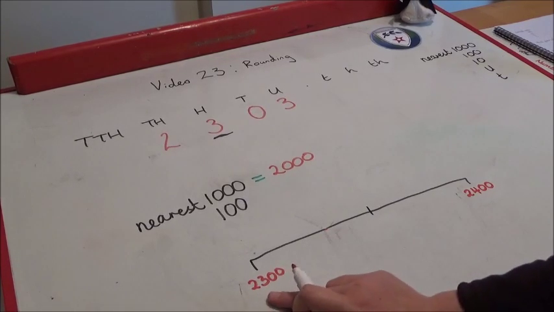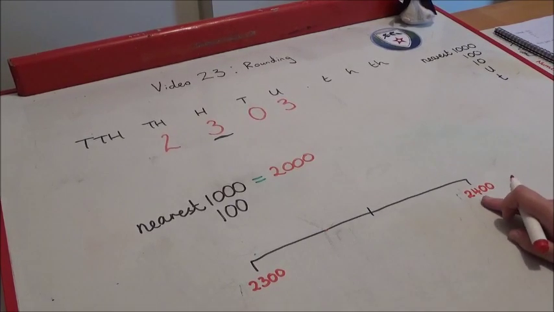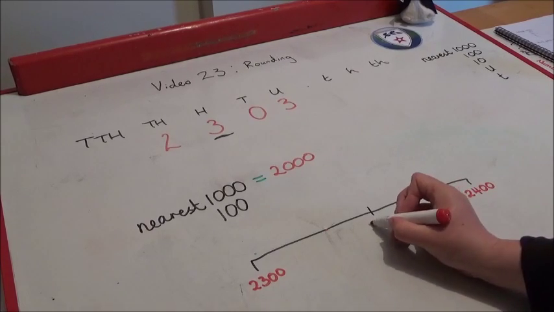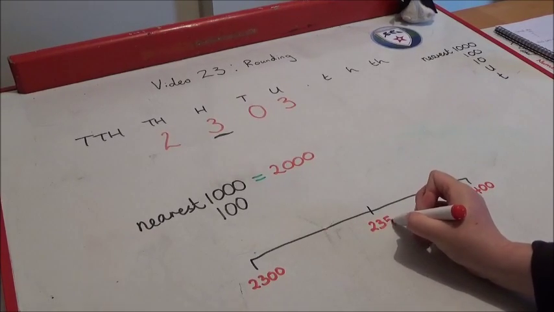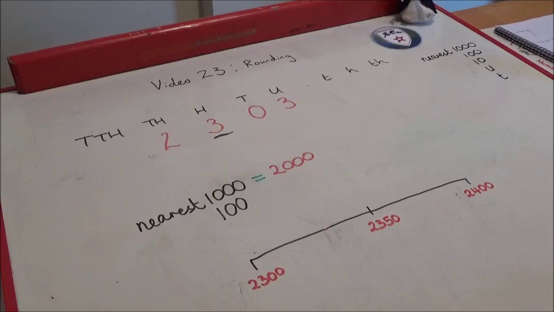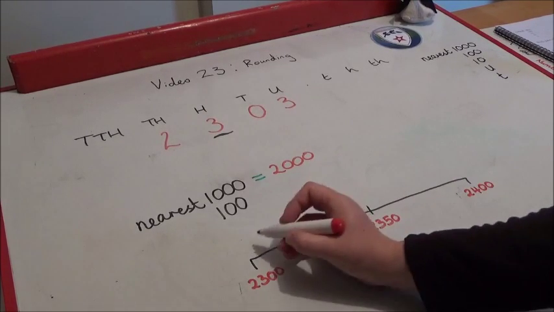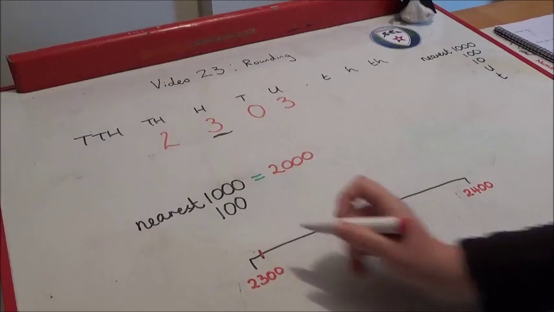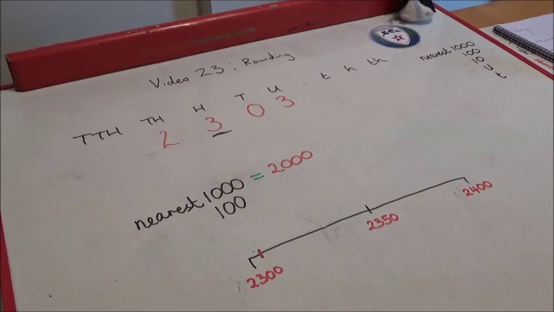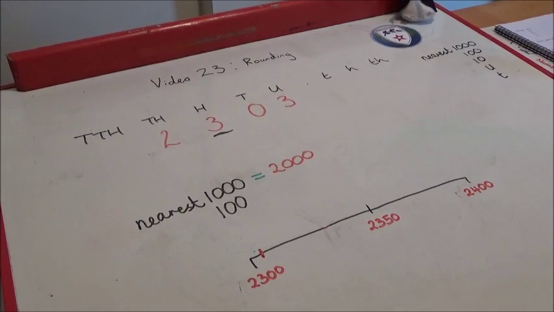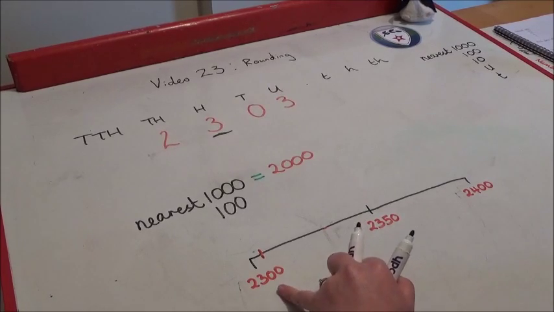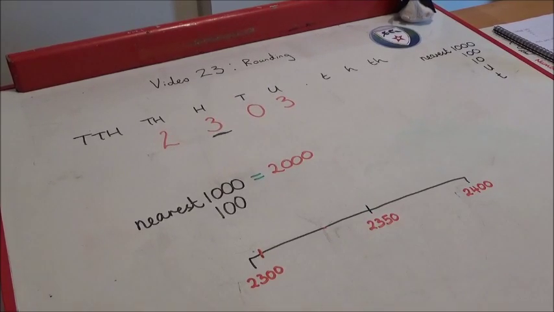We know between 2,300 and 2,400 we have 2,350. So 2,303 we know is going to be around about here, and that's really clear that we're going to be rounding to the nearest 100, which is 2,300.